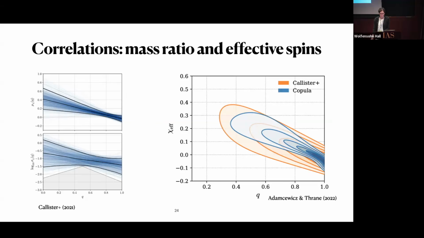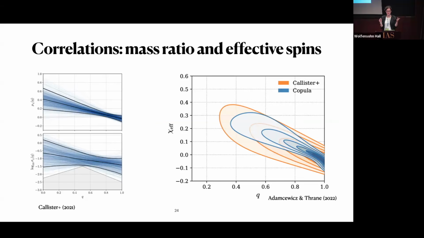Yeah, that's a great point. That's why, when this result of a correlation between chi-effective and Q appeared, it was so concerning. In the hierarchical Bayesian framework, any correlations you have in individual events should not manifest in a robustly identified population-level correlation. It might lead to something that's consistent with that correlation, but it shouldn't rule out an anti-correlation.